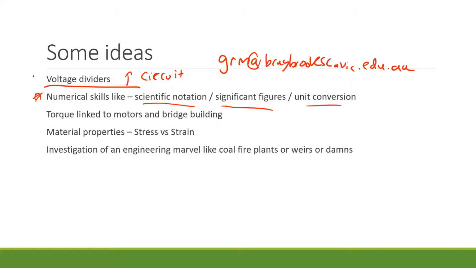These ones here I've never taught before, but maybe there's something we could do. I've always wanted to spend a lesson talking about torque, which is about motors and how motors work. That links back to what we talked about with vectors. Stress and strain, I felt that might be something, material properties. Why do we build bridges that look like this?